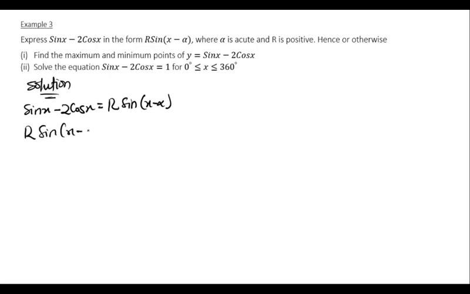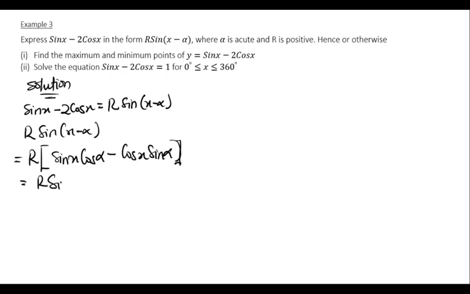So we have x minus alpha, and then this is equal to r, we have sine x cos alpha minus cos x sine alpha. Then we multiply through with the r. So we have r sine x cos alpha minus r cos x sine alpha.